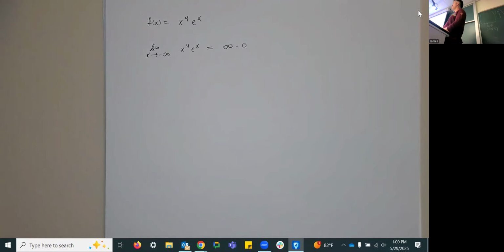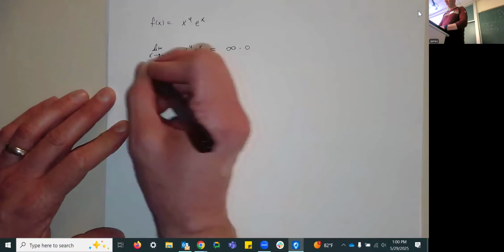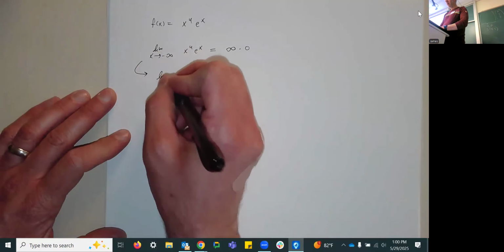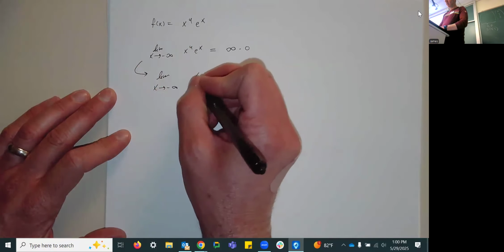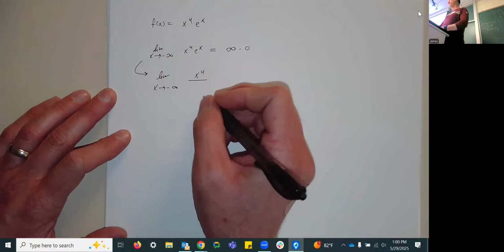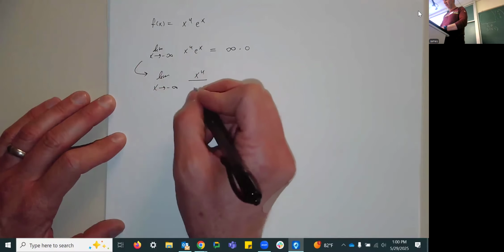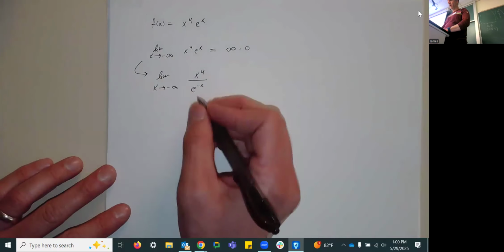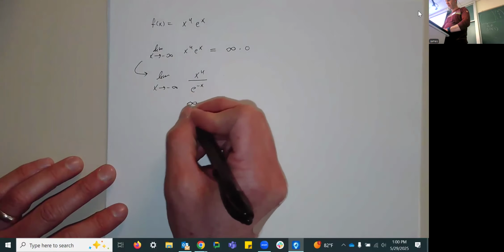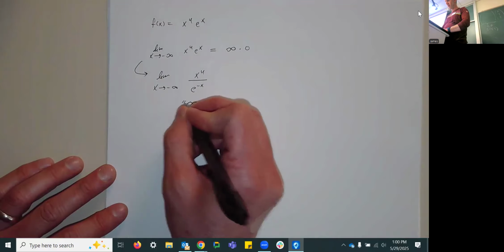Trig functions usually not, logarithms especially not. So I want to rewrite this as the limit as x approaches negative infinity of x to the fourth divided by, instead of 1 over e to the x, we really want to write e to the negative x.